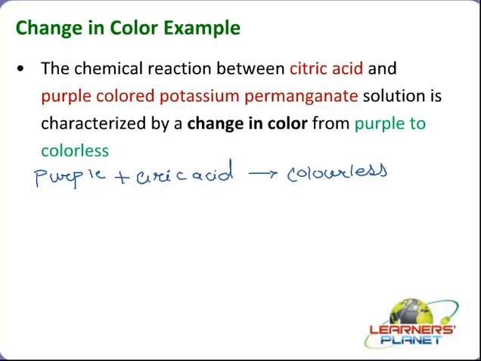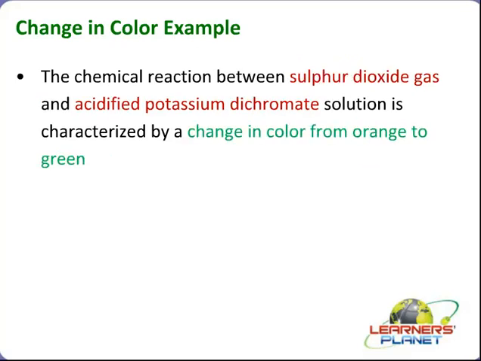Okay. Now let's take another example, that of the reaction between sulfur dioxide gas and acidified potassium dichromate. Okay, now this potassium dichromate is orange in color. Fine. Acidified means to the potassium dichromate a small amount of acid is added. It may be sulfuric acid or it may be hydrochloric acid.